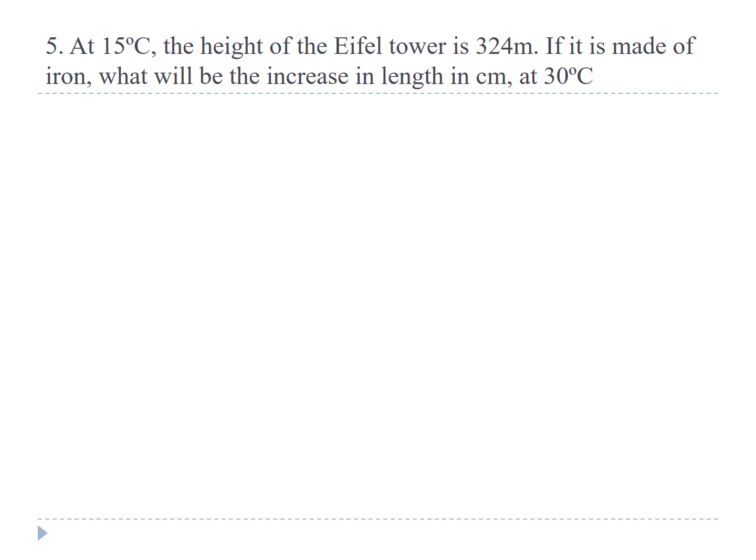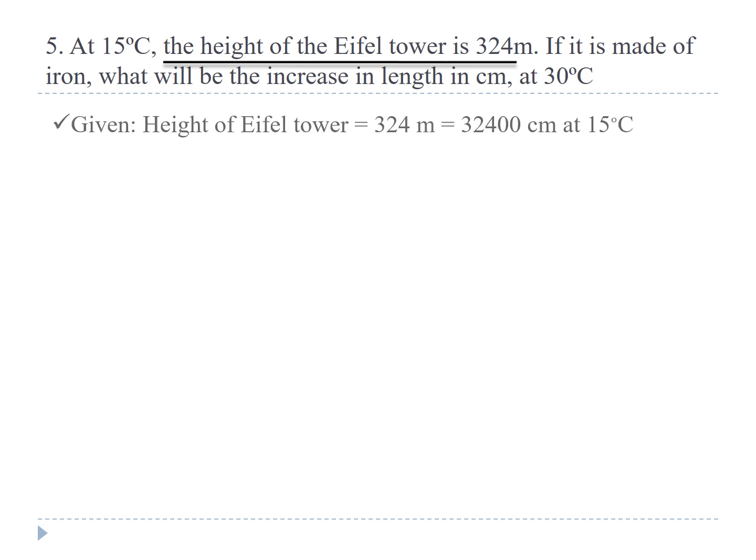They have given you two temperatures here, 15 degrees Celsius and 30 degrees Celsius. They are telling you at 15 degrees Celsius the height of the Eiffel Tower is so and so. Now they are asking, if you increase the temperature from 15 to 30, what will be the increase in the length?